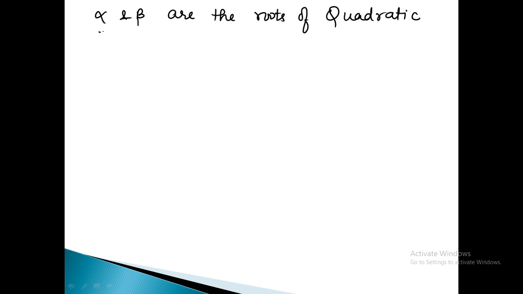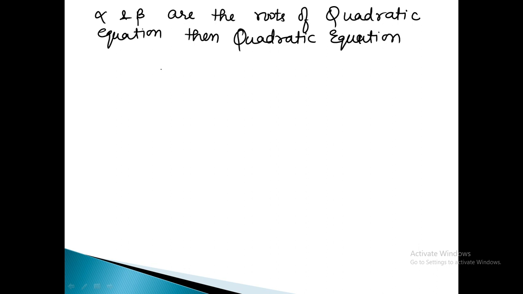Now, if alpha and beta are the roots of a quadratic equation, then the quadratic equation will be in the form of x square minus (alpha plus beta) x plus alpha beta is equal to 0.